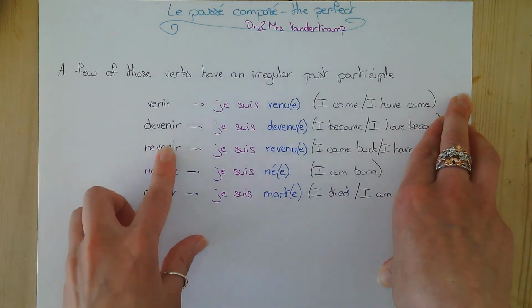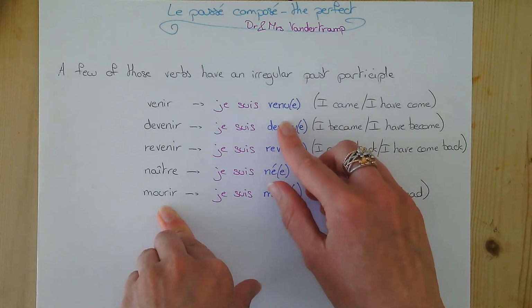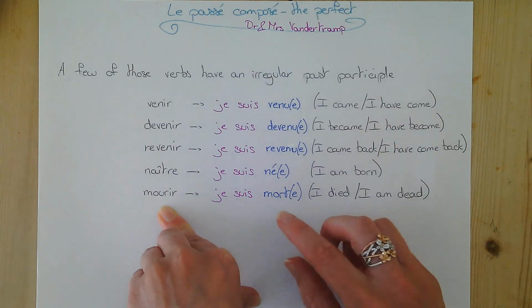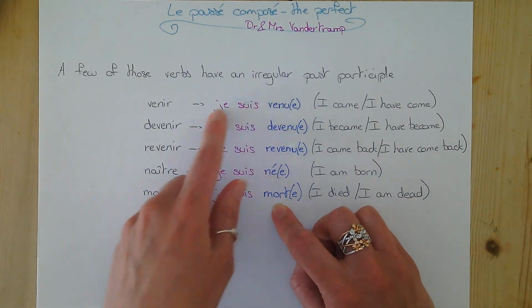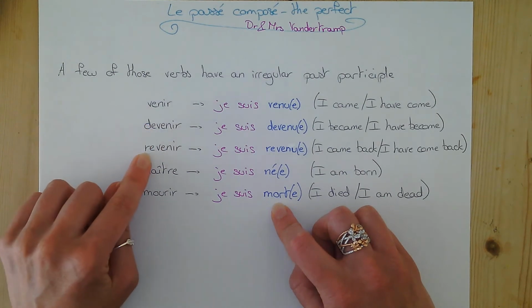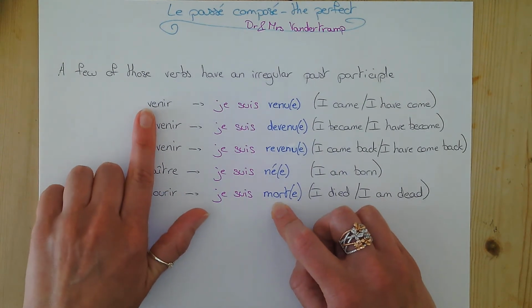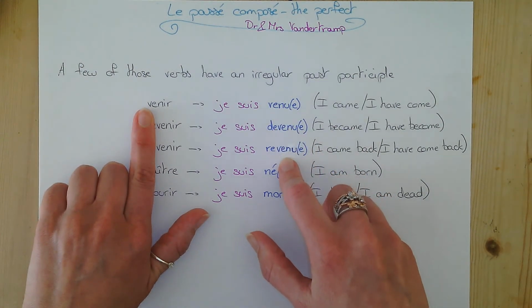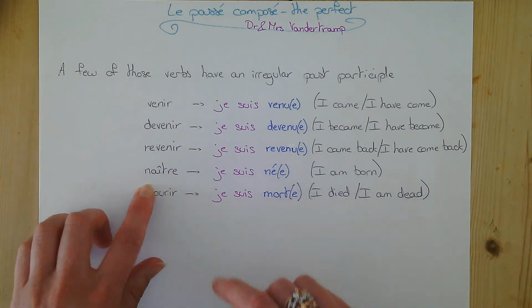But those verbs here that I introduced at the beginning, they have an irregular past participle. Now, if you're starting, forget about that. If you're not starting and you're a bit more confident, just remember that venir, devenir, and revenir, they all are based on the same verb, and they all form their past participle with a venu at the end. If you want to say I am born, it's je suis né.